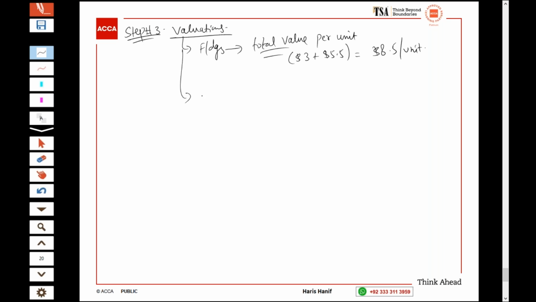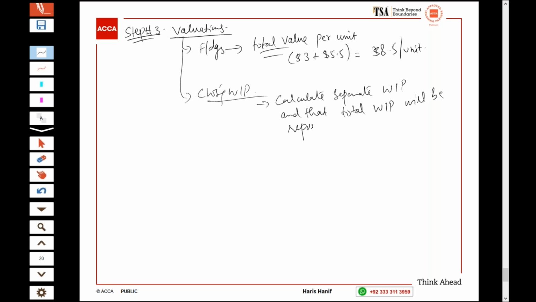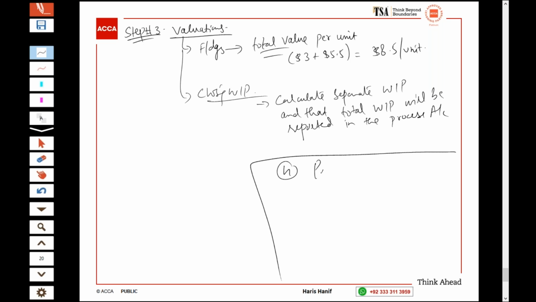Now for the closing WIP, calculate separately, and that total WIP will be reported in the process account. This will be my fourth step, process account.